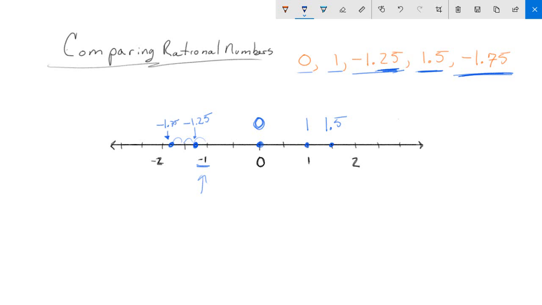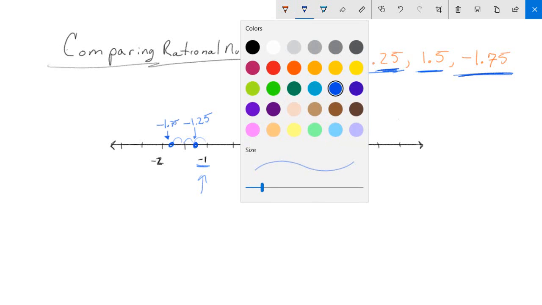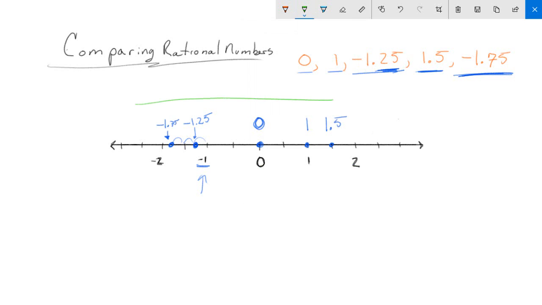Okay. So just like in our comparing integers videos, they are already essentially in order, because we know that the farther to the right we get, the greater they get. And then we also know that the farther to the left they get, the less.